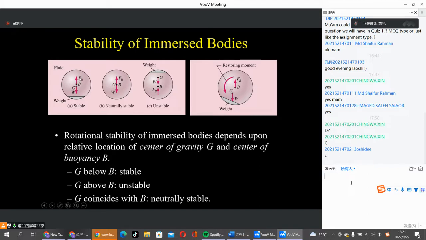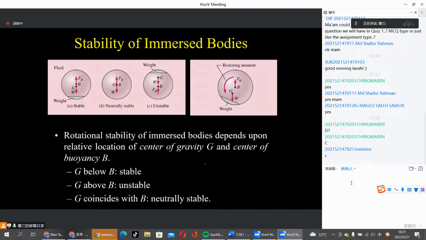Sometimes B is above the acting point of the weight. Sometimes they coincide, when it's neutrally stable. However, sometimes it will be lower than the acting point of the weight, and this time it will become unstable.